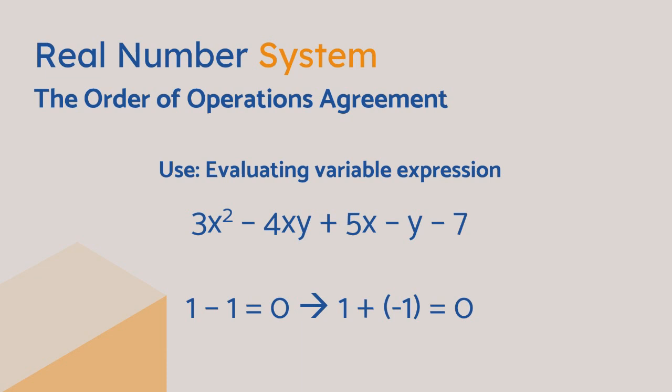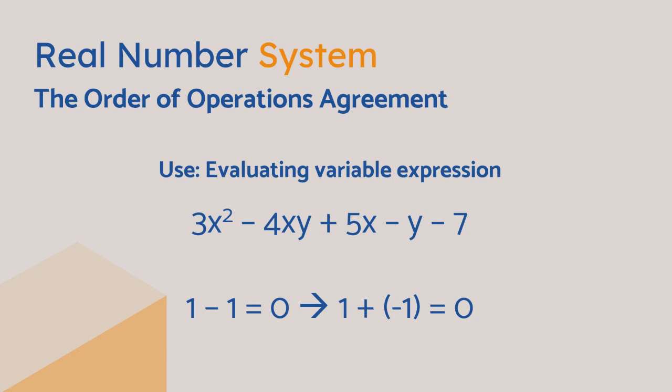So we can express this subtraction in terms of addition. The reason for that is because addition and subtraction are one and the same operation. Subtraction is considered the inverse of addition.